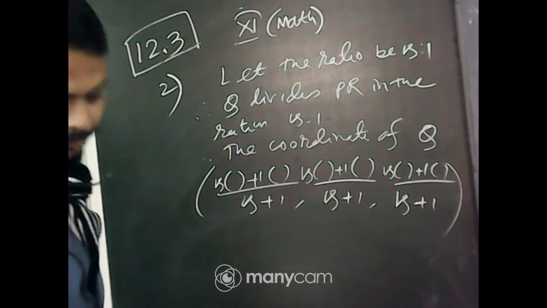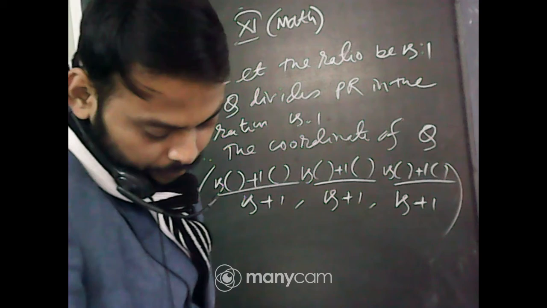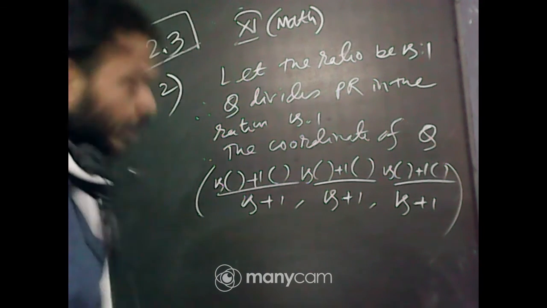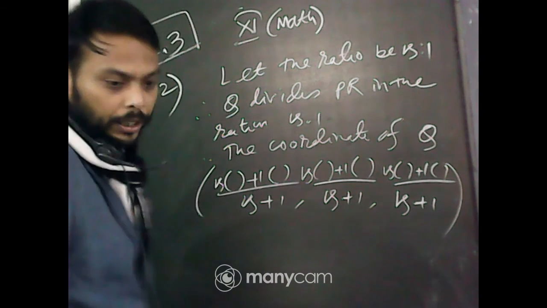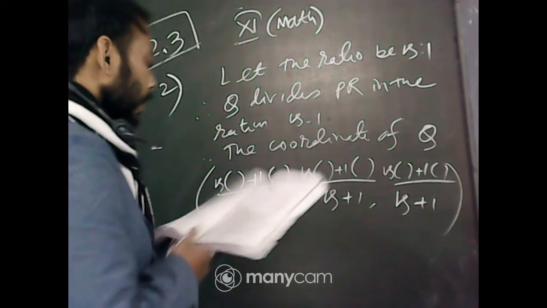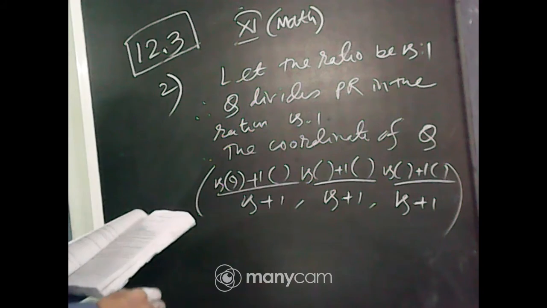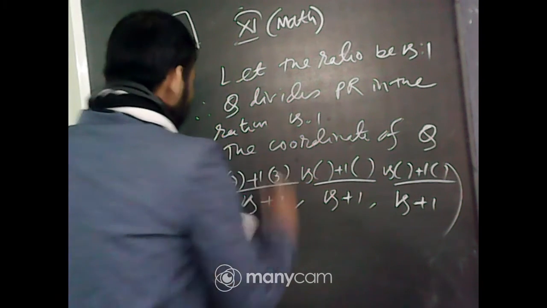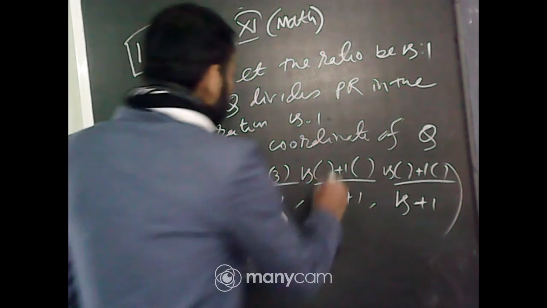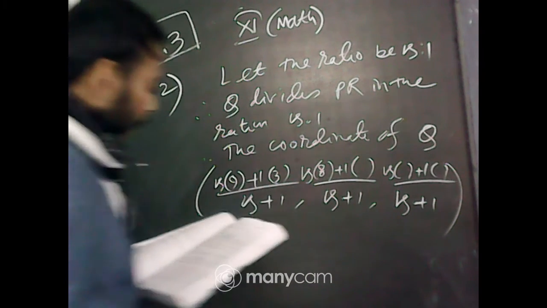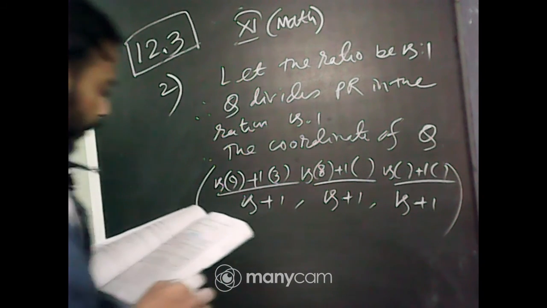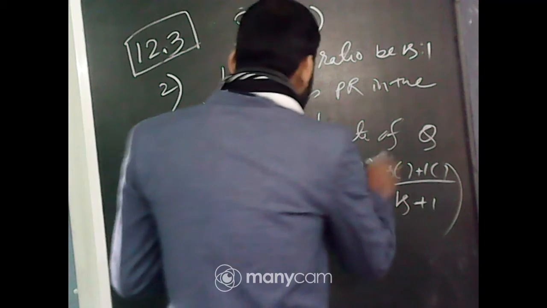So K into which one? K into mx2, so K into 9 from R, and 1 into 3. Second portion, K into 8 from R and 1 into 2.